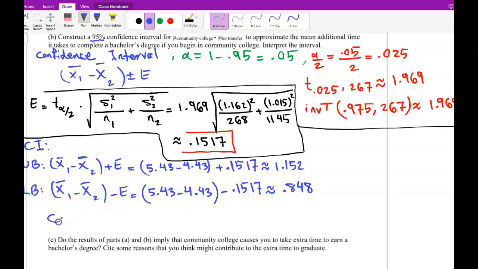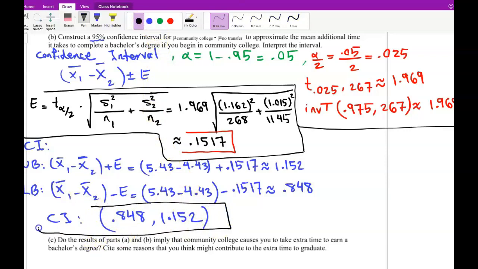So based on that, confidence interval is 0.848, 1.152. So this is our final answer.